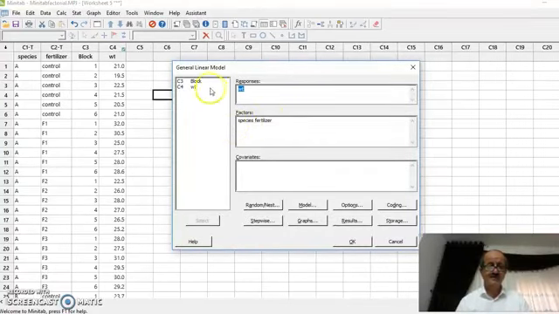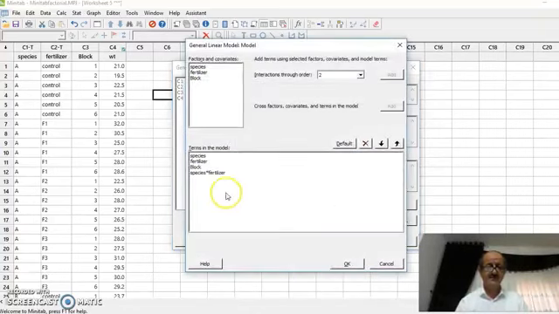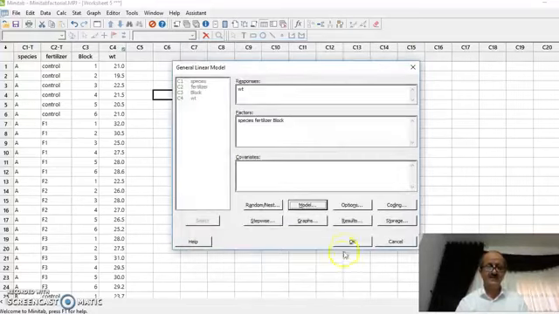We will enter the block as a factor. Here is the weight, but in the factors we have to enter the block because it will appear in the model. We have already the interaction, the block, and these are what will appear in the ANOVA: species, fertilizer, interaction, and the block. Now, okay.